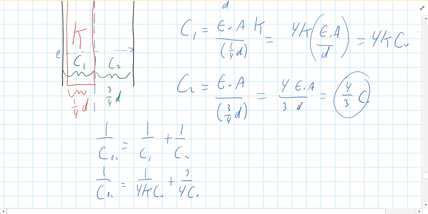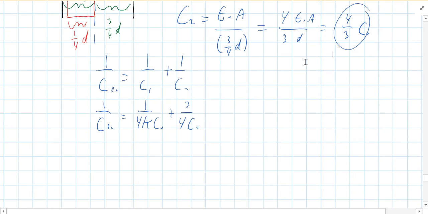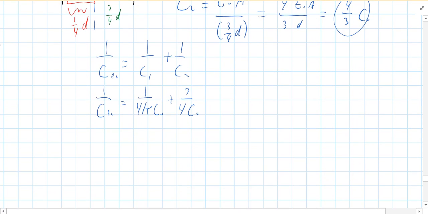In order to get a sense of what this is going to be, you want to get common denominators here. So I've got 1 over 4κ C naught plus 3κ over 4κ C naught. So I get 1 plus 3κ over 4κ times C naught.